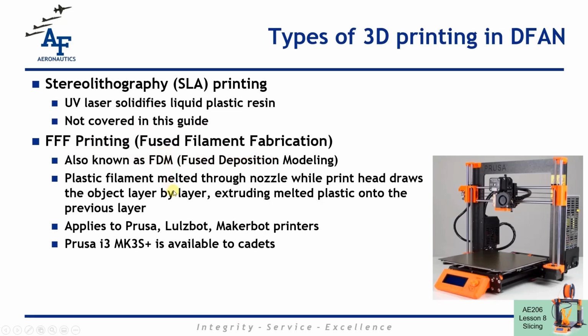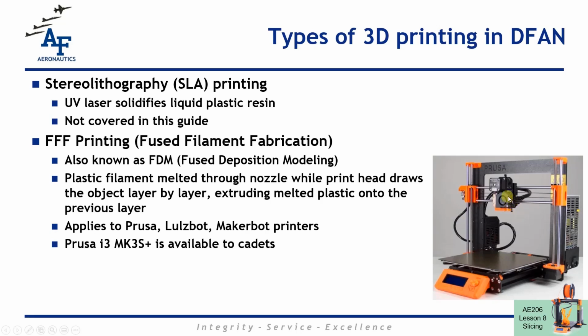This is where we take a filament of plastic and feed it into the printer. Here we have our Prusa printer that we use in Dfan. This whole assembly is called the extruder, and the filament comes in the top of the extruder. There's gears here that push it down into a hot end at the bottom, and that filament gets oozed out of the nozzle, which is at the tip of the hot end, and that nozzle has a hole in it that's 0.4 millimeters wide.